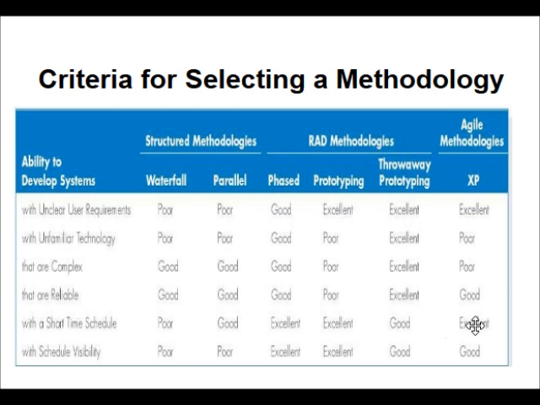So mainly agile is used when there is a short time schedule. Nowadays many companies are using agile methodology because they have a time constraint, a schedule constraint. So for rapid development they use agile, in which every phase of the project takes place in parallel and continuous progressive elaboration takes place.